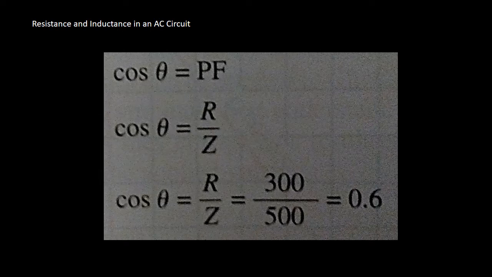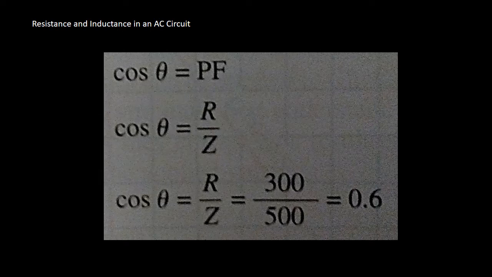Since the cosine of theta equals 0.6, the angle whose cosine is 0.6, approximately 53.1 degrees, is equal to the phase angle. Therefore, the current lags the voltage by an angle of about 53.1 degrees.